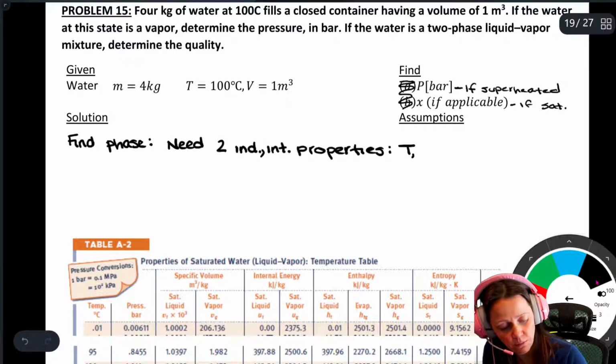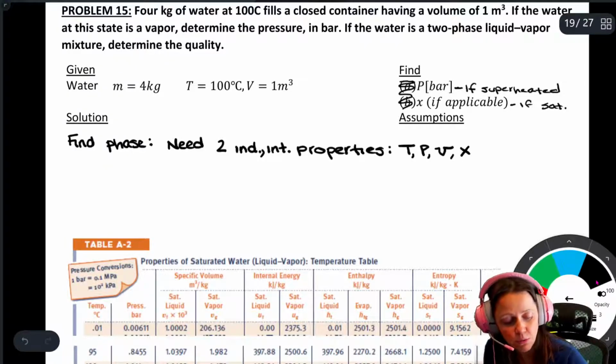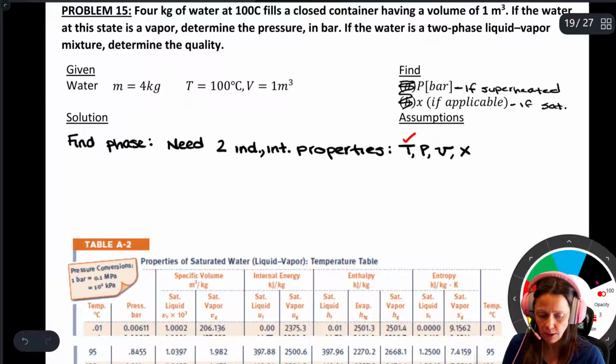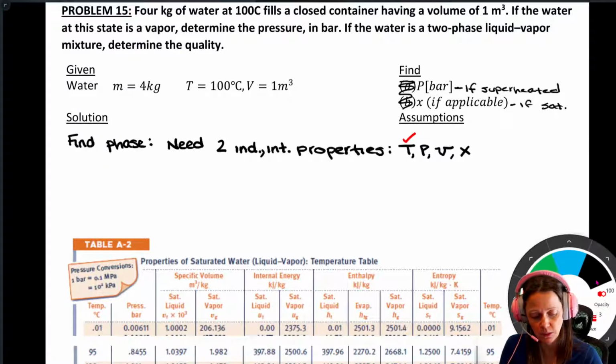So temperature, pressure, specific volume, and if it's applicable, quality. So at this point I've got the temperature, and I don't have pressure, I don't have quality, I don't even know if it's relevant for this particular phase.